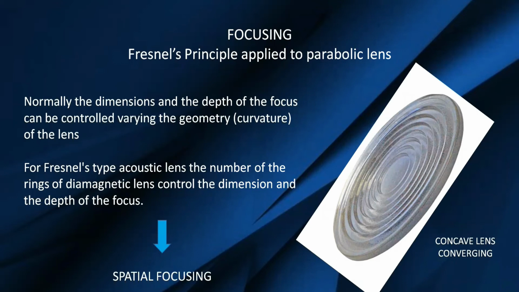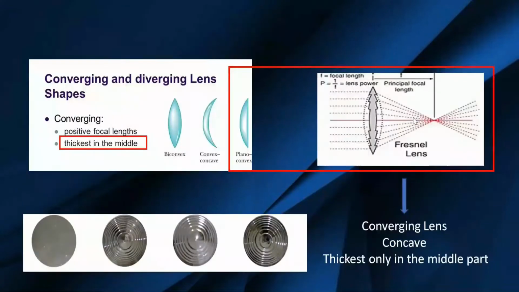Thanks to the Fresnel principle applied to the acoustic lens, the number of rings of the diamagnetic lens can control the dimensions and the depth of the focus more easily than with a great lens. Another characteristic is that the thickness of the lens is at its maximum only in the central part of the lens. In the remaining parts it is thin.